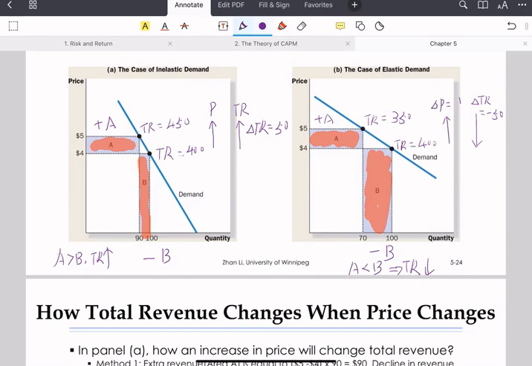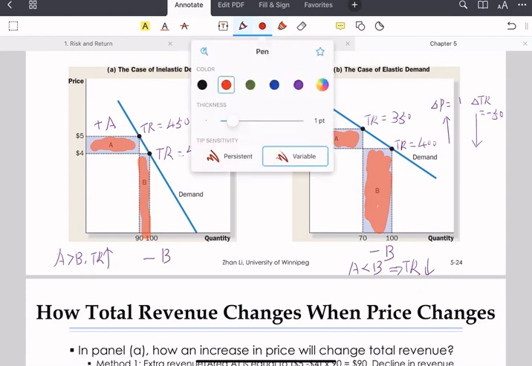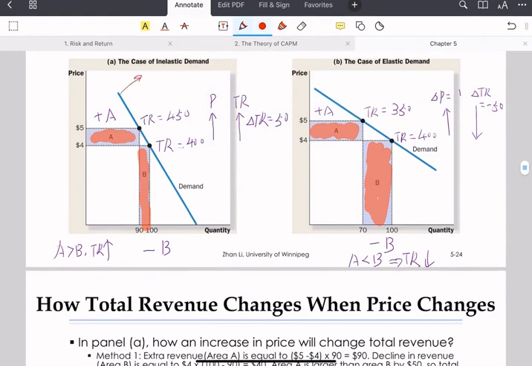If you look at these two demand curves, now we shift our focus to the demand curve. What you can see here is this demand curve is steeper, right? This demand curve on the left-hand side is steeper, and the demand curve on the right-hand side is actually flatter.